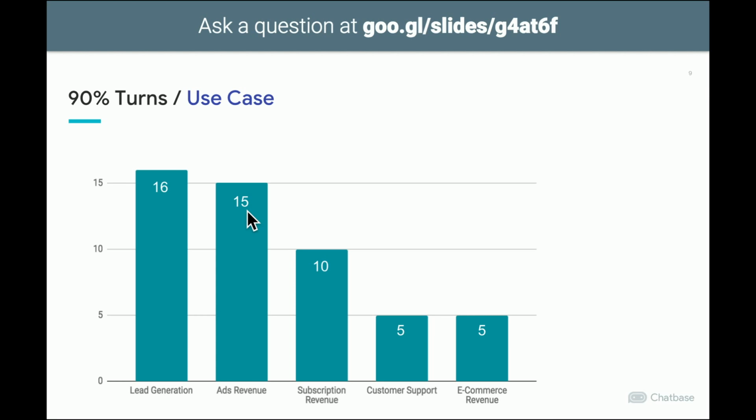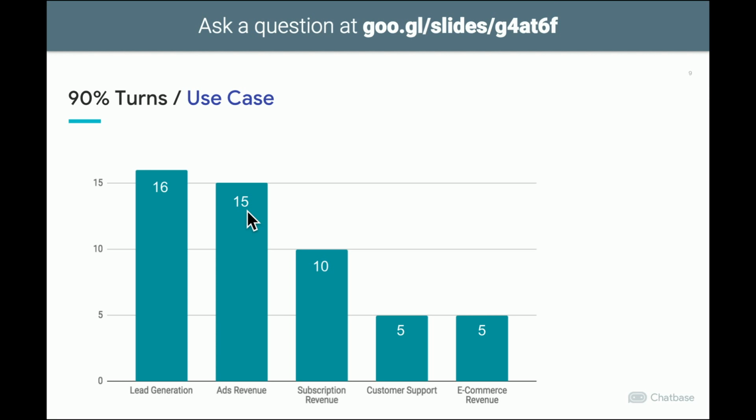Finally, on the customer support side, you can see on the high end that you get like 5 turns of the conversation. That's probably, if I was to guess, a reasonable number of turns that it takes for most bots to resolve a support issue. But if they can do it in 1, that's even better.